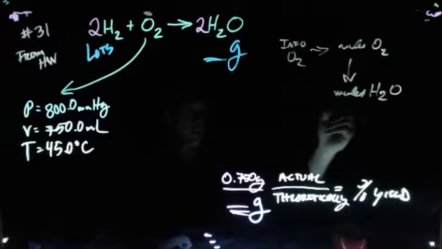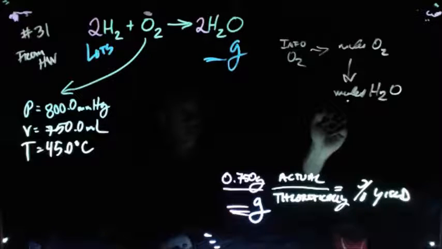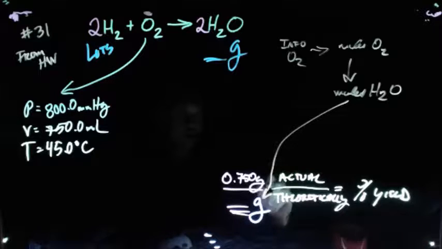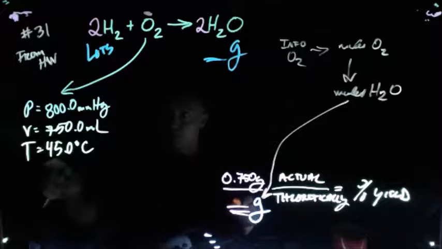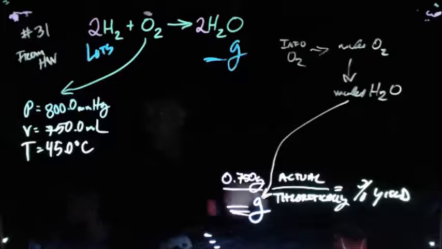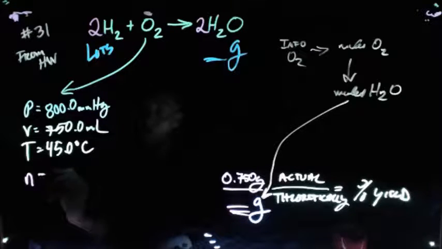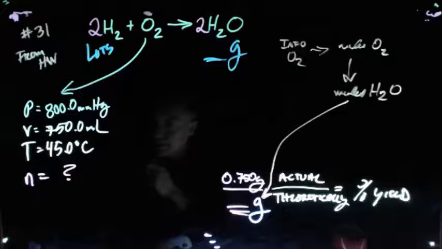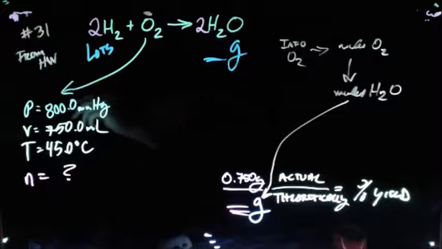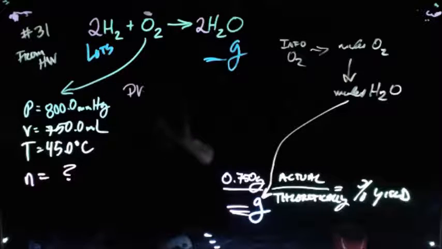And after I find moles of water, which is easy for us, I'm going to turn that into grams of water. So from all this info, I need to find moles. PVTN tells me I'm going to use the ideal gas law.